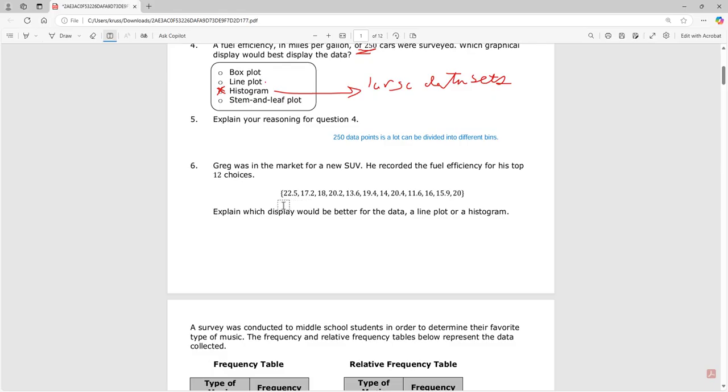So a line plot would just be like a line with single dots over each individual line. So it really wouldn't show us a good representation of the data set. So a histogram is better. Histogram. No repeating data.